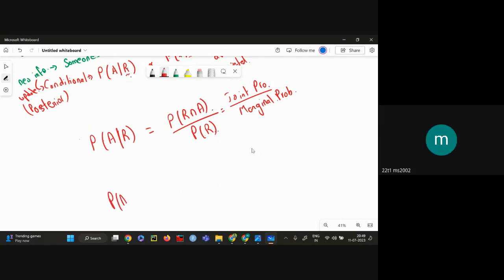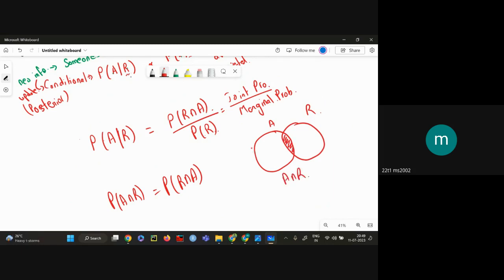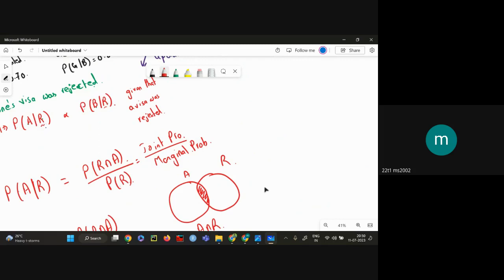P of A intersection R is equal to P of R intersection A. In a Venn diagram, this is set A, this is set R, and this is the intersection. Whether it is A intersection R or R intersection A, both are the same. Now this is what we want: P of A given R is nothing but P of R intersection A by P of R.